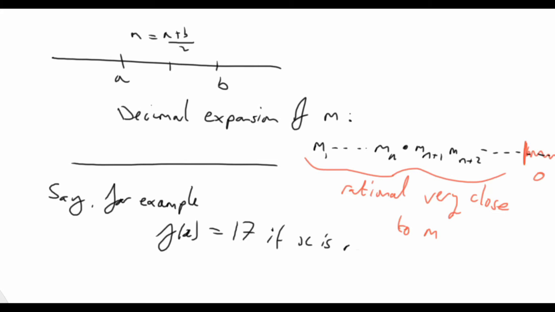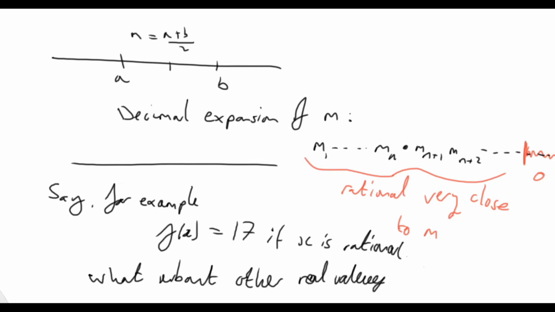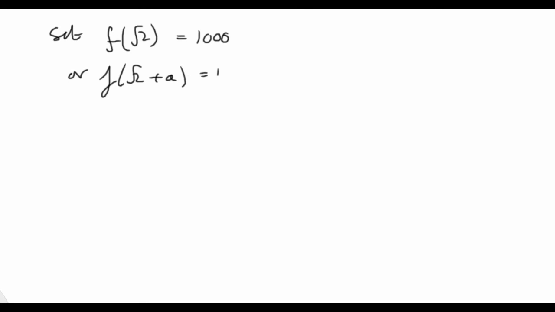So, how can we deal with all the other real values? Well, we can sort of move the rationals around a bit. For example, if we pick square root of 2, we might want f of the square root of 2 to be 1,000. That's good, but we can also set f of the square root of 2 plus a to be 1,000 for any rational number a.